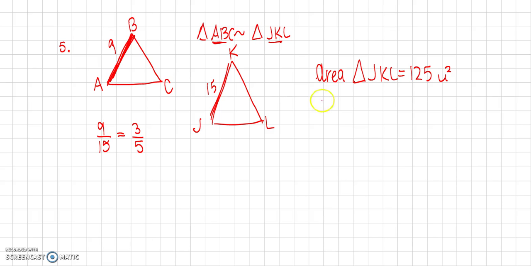So we want to know the area of triangle ABC. When you are talking about the areas of similar triangles, you use the scale factor, but it is squared. So 3/5 squared times 125.